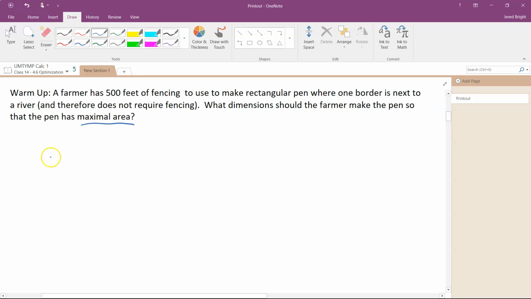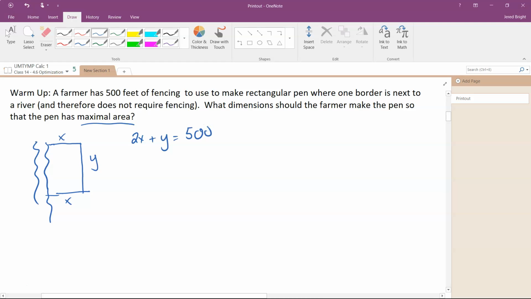What we generally did in math analysis and algebra is we said, okay, here's a river and here's the pen that we want to create that borders the river. We don't know what dimensions it has, but we say its dimensions are x, y, and x because it is a rectangle. Then we said, we have 2x plus y is equal to 500.